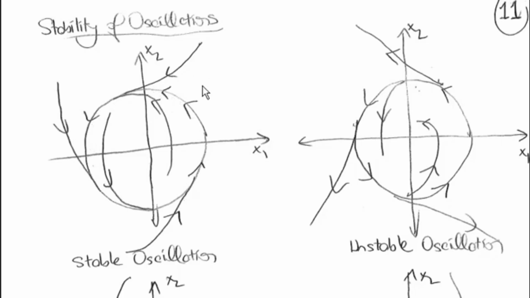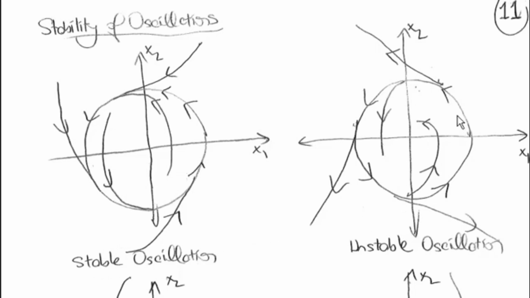The same is true when we start the system outside the circle. If I apply a perturbation such that the new initial condition happens to be outside the circle, the trajectory converges back to the limit cycle. So, for initial conditions infinitesimally close to the original oscillation, all trajectories of the system converge back to the oscillation. In that case, we call the oscillation a stable oscillation.